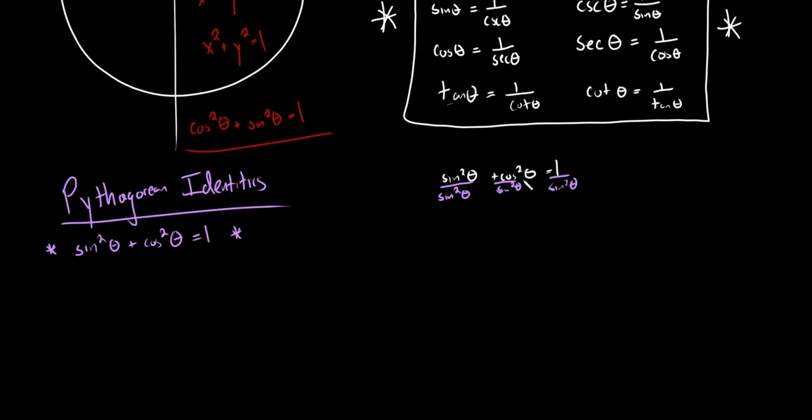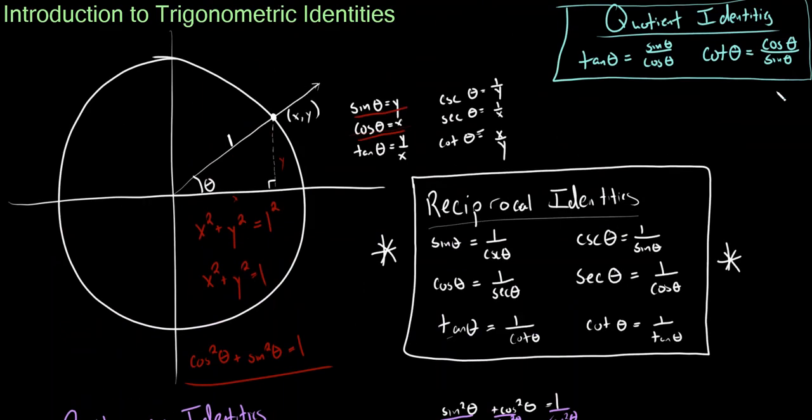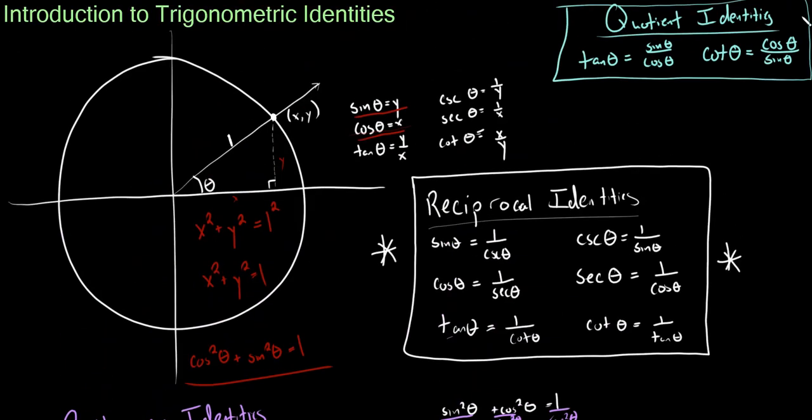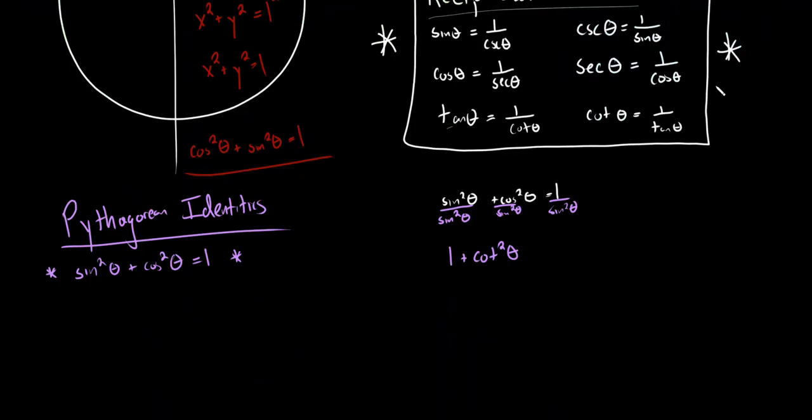And if I do that, sine squared over sine squared is 1. Cosine squared over sine squared. Well, remember, cosine over sine is cotangent. So you can think about this. It's cotangent squared, right? Because cosine over sine is cotangent. So if it's cosine squared over sine squared, you can think about that as cotangent squared.